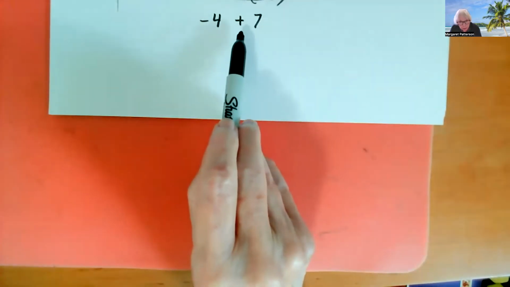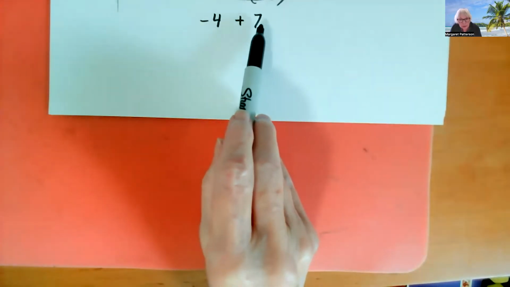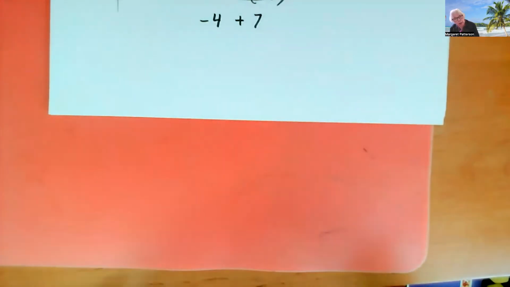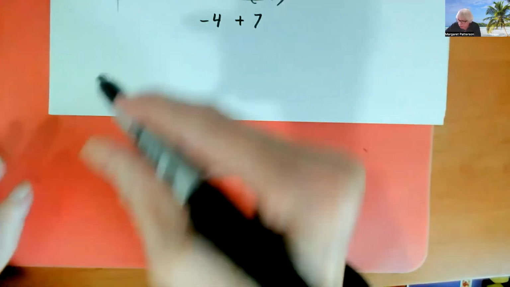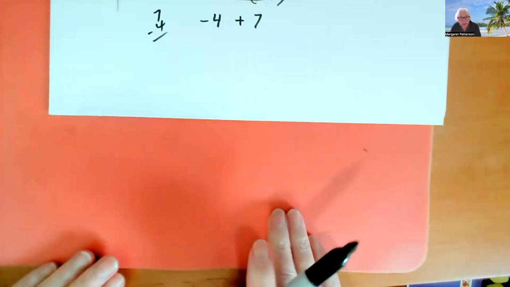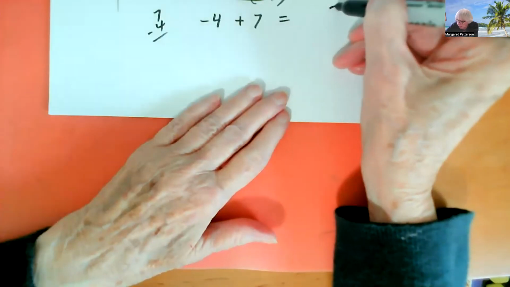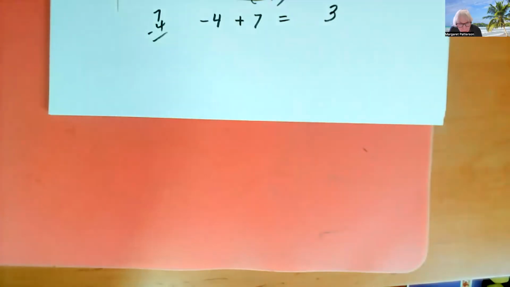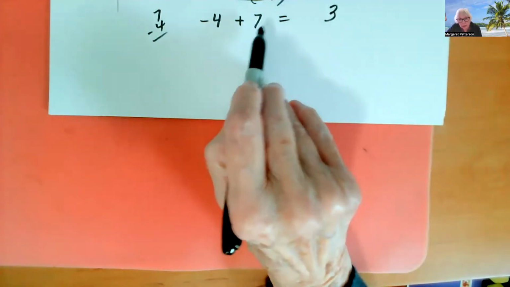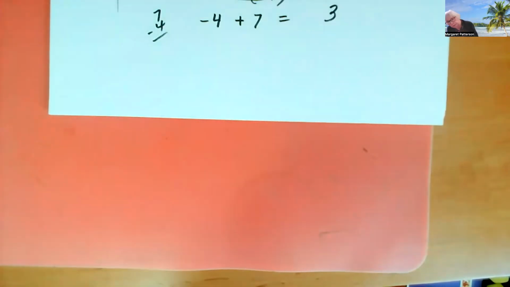It's an addition now. The signs are opposite. And so there's 7 to the plus, but there's 4 to the minus, or to the negative. And so what you end up doing is subtracting the 2 absolute values and taking the sign of the larger absolute value. So the bigger number is plus, so it stays positive. Okay.